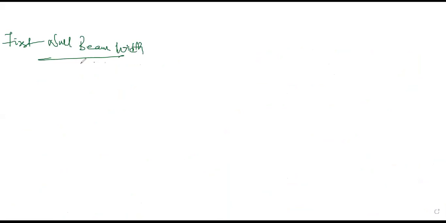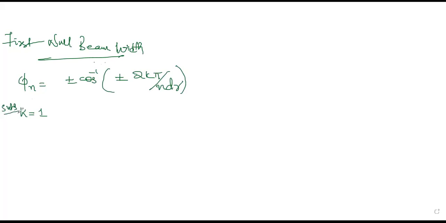To solve the first null beam width, you know the null equation, phi n is equal to plus or minus cos inverse of plus or minus 2k pi by n dr. If we substitute k is equal to 1 in the equation of null, we get the first null direction, which we consider as phi dash.